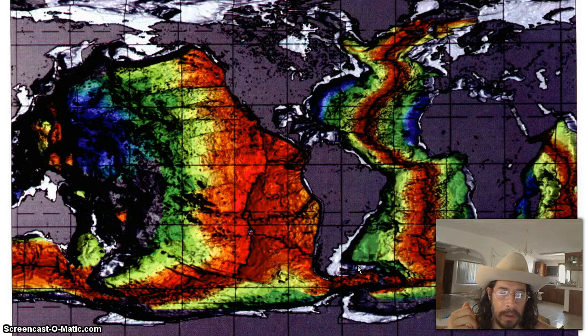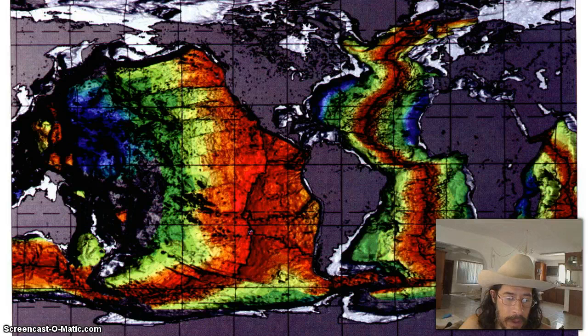So this estimate as far as age is pretty old, but again, I don't totally agree with the dating methods, but I do agree it can be used for relativity, a comparison. It seems to be the oldest oceanic crust.